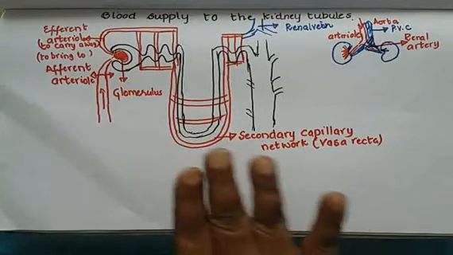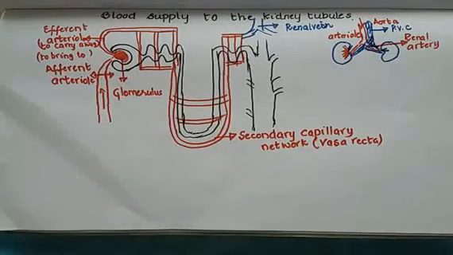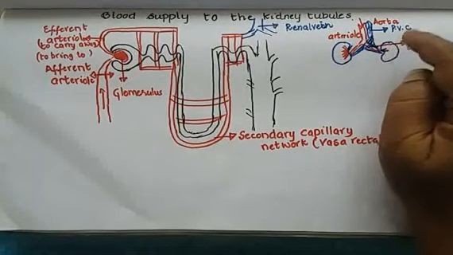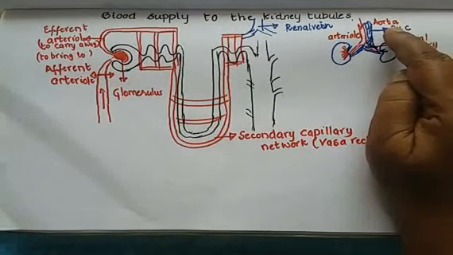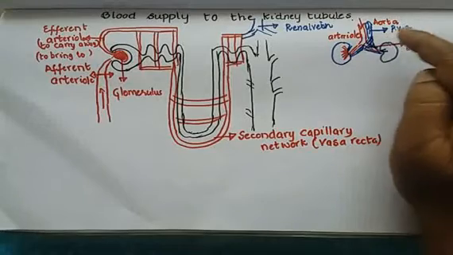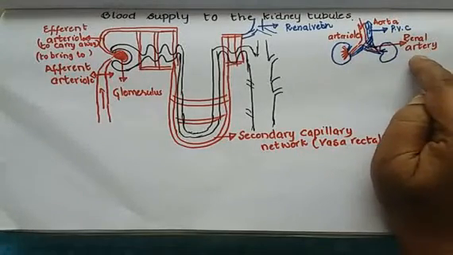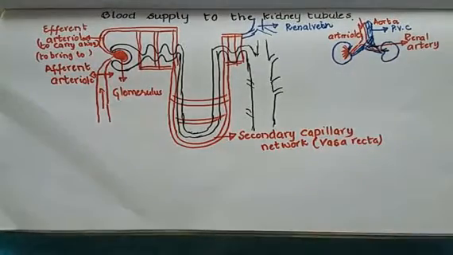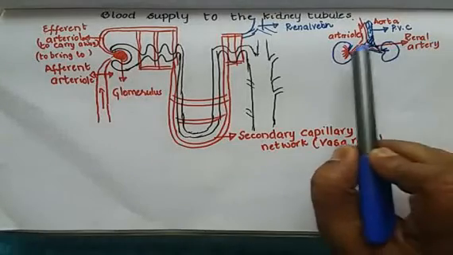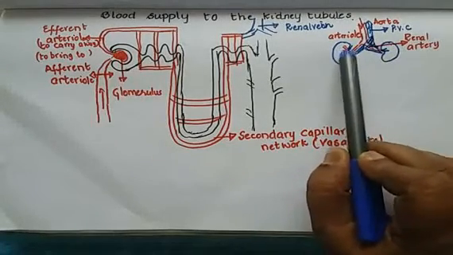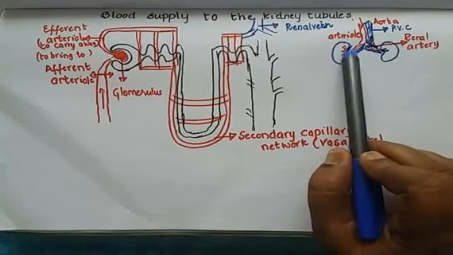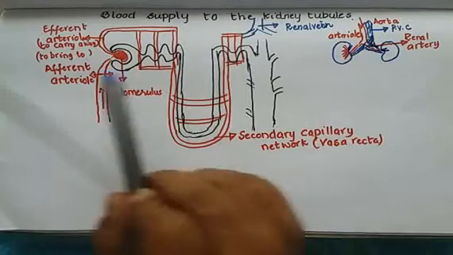Yes, children, let us quickly recall the blood supply to the kidney tubules, which is one of the expected questions for the logical sequence. So thus you can say that the aorta branches, rebranches and forms renal arteries which enter into both the kidneys. And these renal arteries, as they enter into both the kidneys, branch, rebranch, forming arterioles.